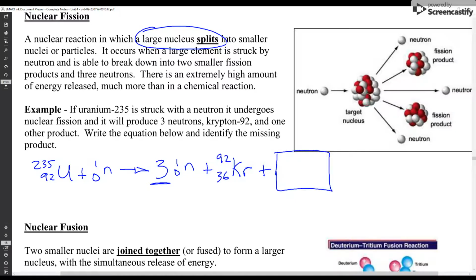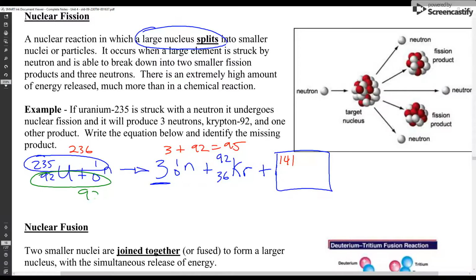If I go to the left side of my screen here and add up my 2 top values, my nucleons up here, this is 236. If I go to the right side, remember there's 3 neutrons, so 3 plus 92 is 95. So 236 minus 95 is 141 for my top values. I go to the bottom value here.